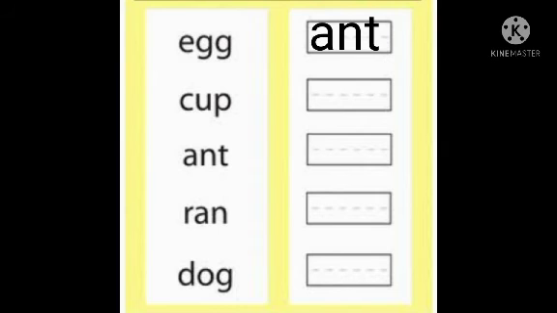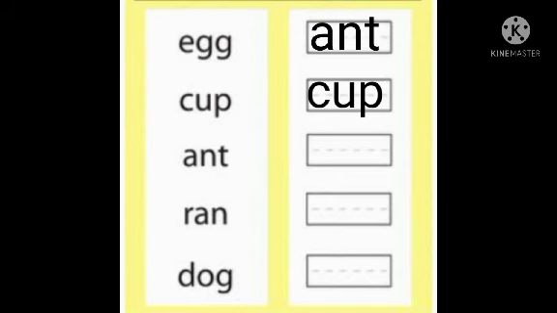So, the next, third letter is C. Is there any word which starts with C? Yes, cup. So the second word in the alphabetical list will be cup. After C, the letter D comes. The word which starts with the letter D is dog.